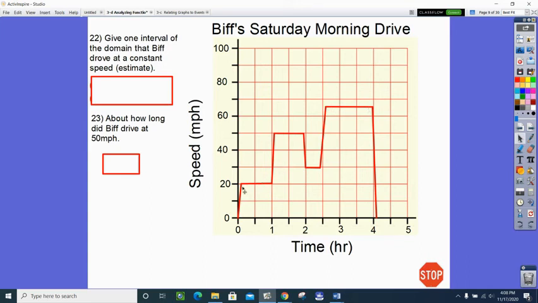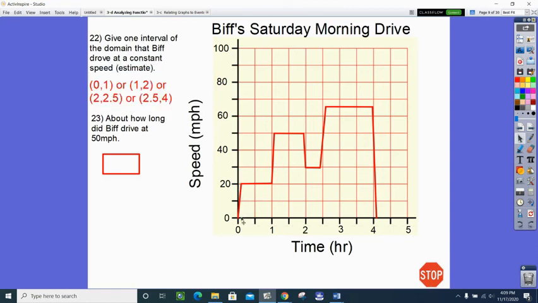So you could have picked any one of these little portions, and then you're looking from the x. And the reason that you're not going straight vertical up, this is kind of an acceleration piece. It would actually be a bit of a curve, to be honest. You don't immediately go from 0 to 20. There's that acceleration piece. So it's a little bit of an estimate here.